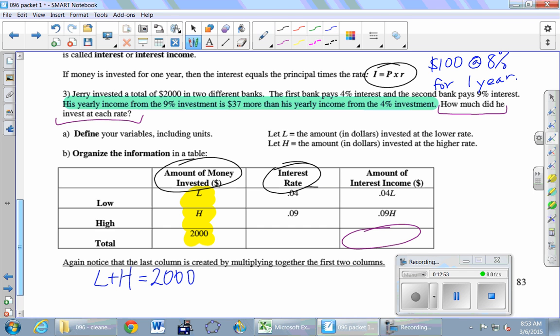Let's give it a shot. The yearly income from the 9% is one of the entries in the table. Which one is it? It's the 0.09H. That's how much money you got in interest from the 9% investment. So translating that circled phrase, we get 0.09H.